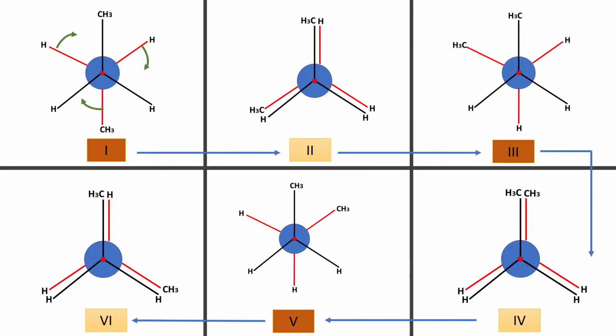Thus these are the 6 conformations of n-butane that we have obtained by rotating the back carbon atom through 60 degrees every time. As you can see, conformations number 1, 3 and 5 are staggered conformations, and conformations number 2, 4 and 6 are eclipsed conformations.